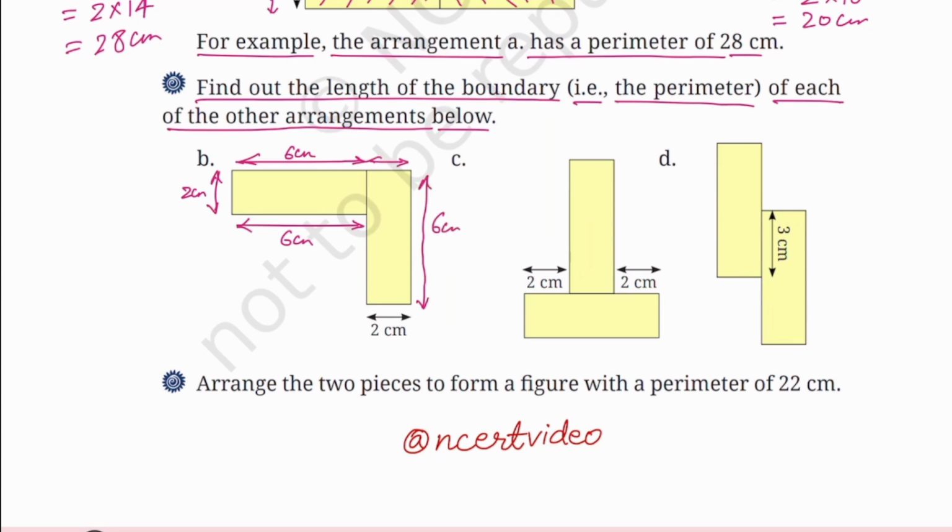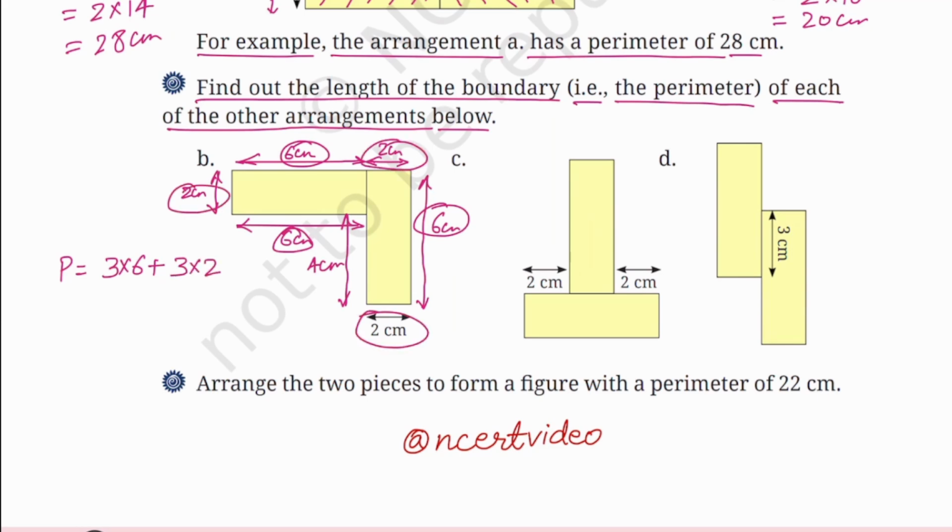This one 2 centimeter. This one 6 minus 2, that is 4 centimeter. Sum of all sides will be: how many 6s? 1, 2, 3. 3 into 6 plus how many 2s? 1, 2, 3 and 1 4.